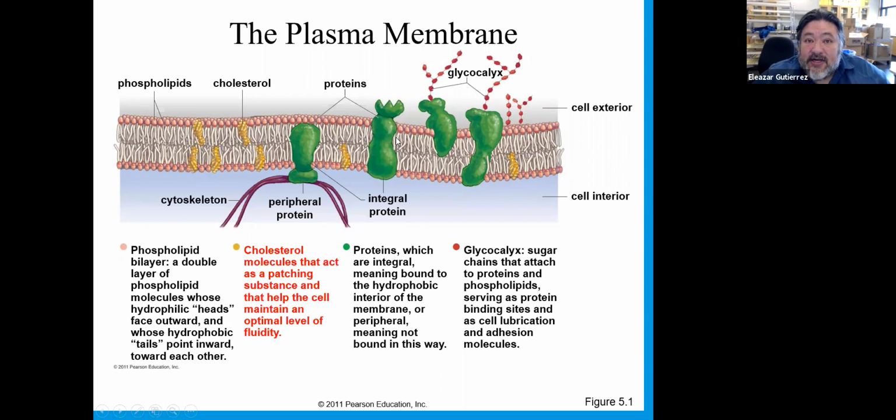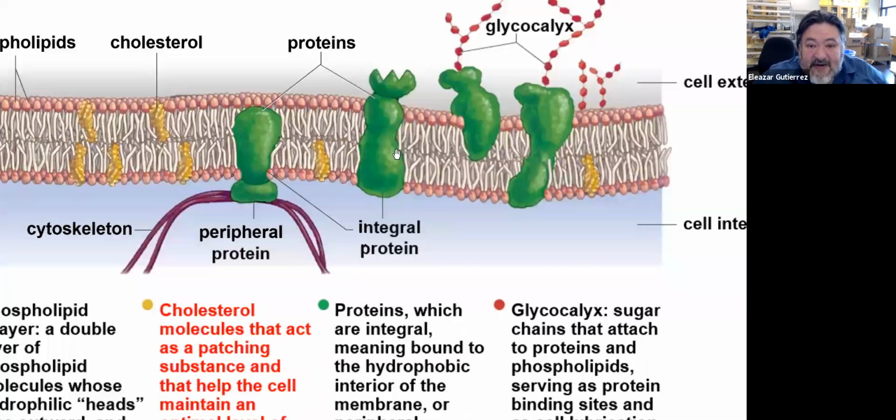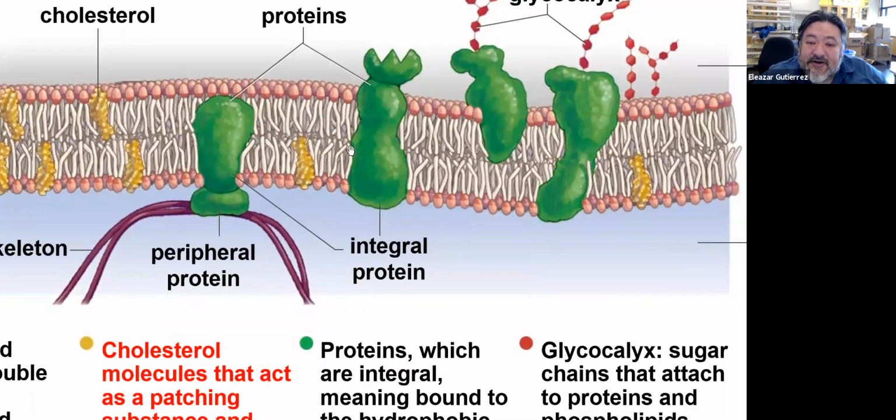And just when you think things can get any more complicated, these channel proteins have to have a hydrophobic exterior so they can associate with the plasma membrane, and then they typically have to have a hydrophilic interior so that the substance traversing the channel can go through the middle.